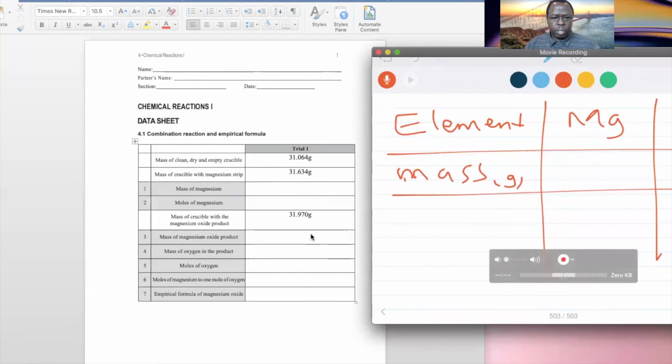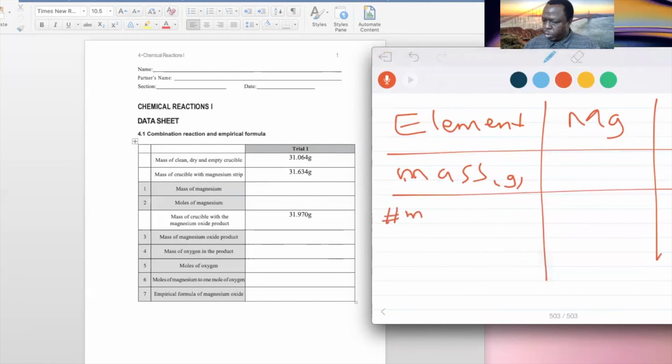Let's see number of moles first. I'm going to come back to the mass of oxygen. Number of moles of magnesium is given by the mass divided by the atomic mass, AM for atomic mass.